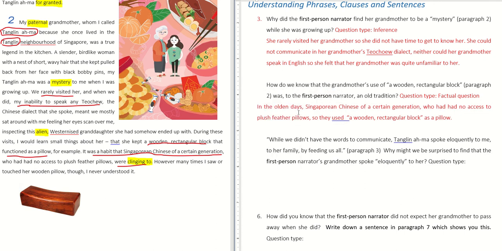In the olden days, Singaporean Chinese of a certain generation, the older generation, had no access to plush pillows, which are widely available now.